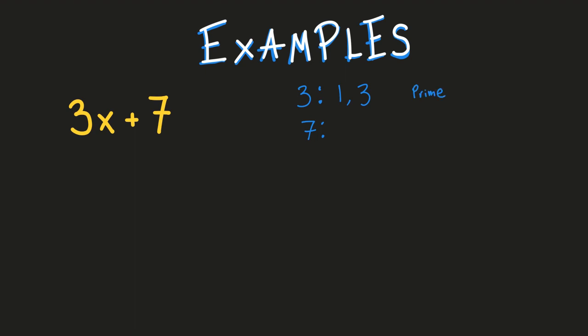What about 7? 7, 1 goes into it. 2, 3, 4, 5, and 6 do not. You could test it out, but they don't. 7 is the next one, and well, hey, wait a minute. This is a prime number as well. And so we see here a situation where there is actually no greatest common factor. Yes, they share 1, but we don't factor 1 out because it just leaves us with what we had before.